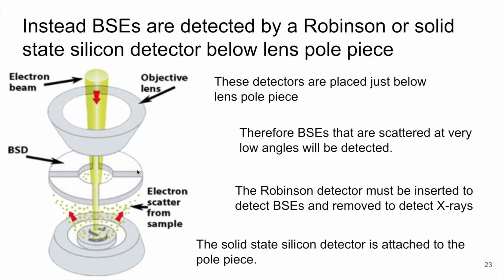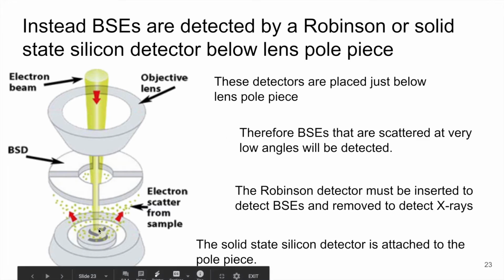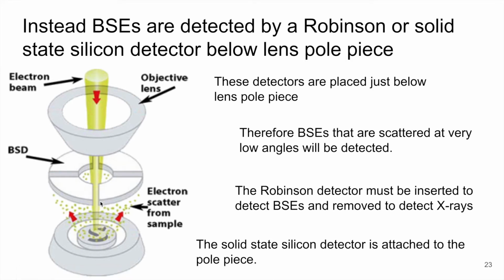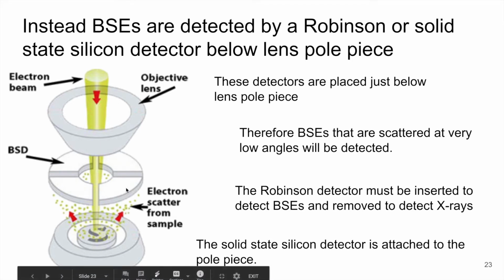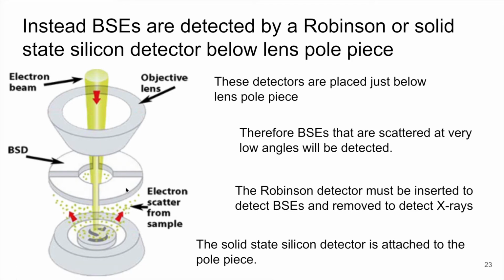We saw that the backscattered electrons are at really low angles compared to the incident beam. So if we put a ring around the beam, at low angles relative to this beam, we can detect those electrons that are coming back up and getting backscattered.